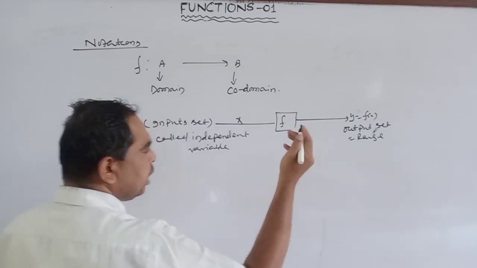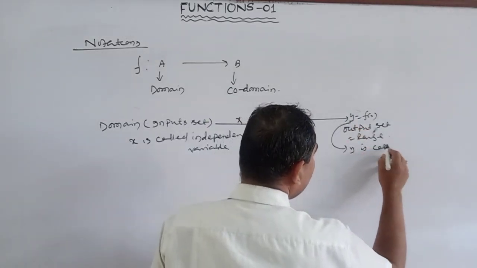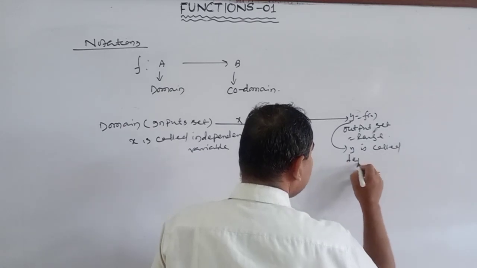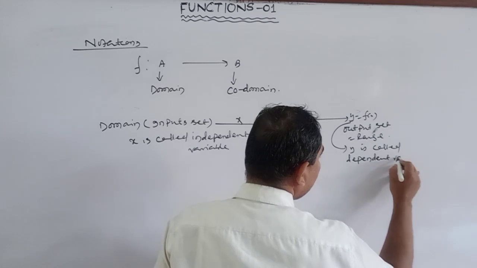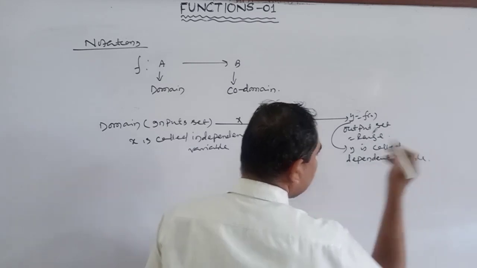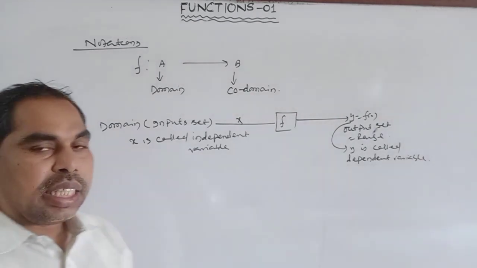But y is called the dependent variable, because y depends on x. So when x changes, y also changes. Hence y depends on x, so it is called the dependent variable, but x is an independent variable.